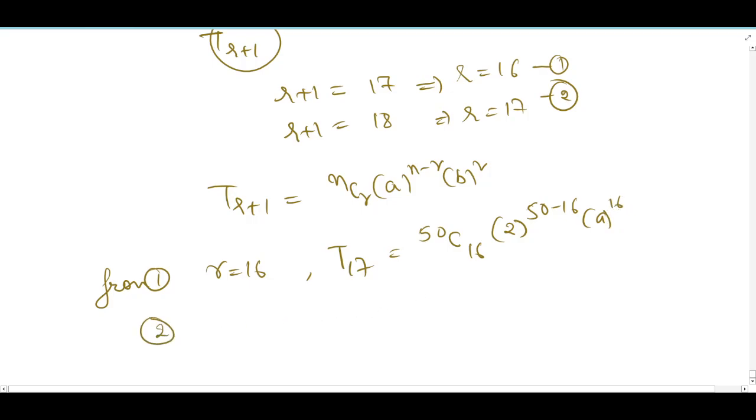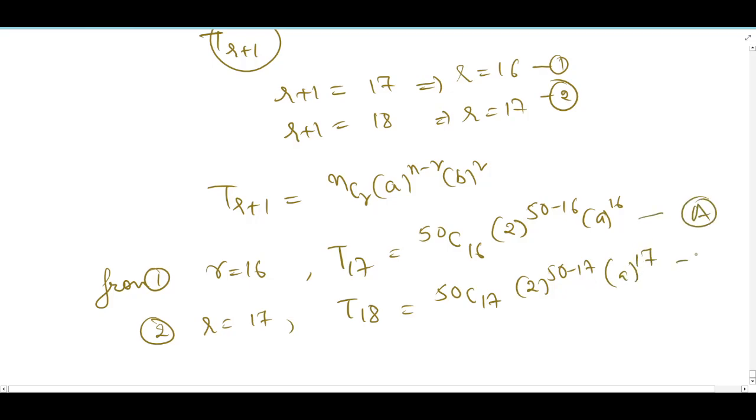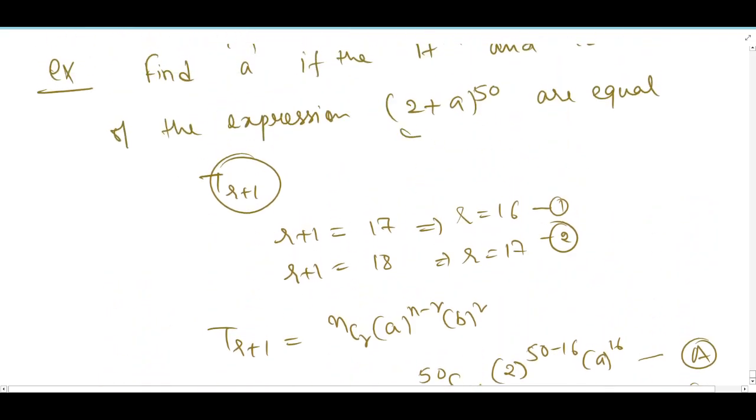From the second we get r is equal to 17, where t18 is equal to 50C17, 2 to the power 50 minus 17 and a to the power 17. So this is the first equation, this is the second equation, and here a is equal to 2, b is equal to a and n is equal to 50.